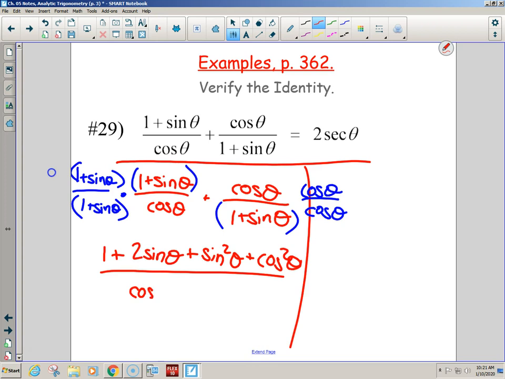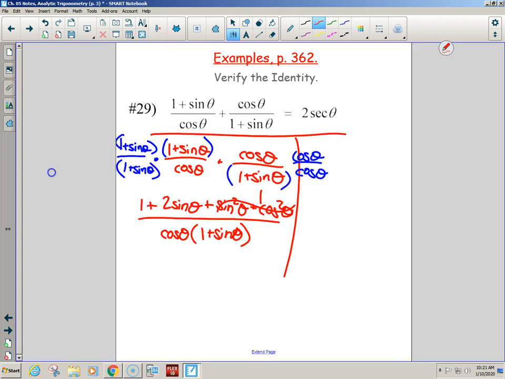Oh wait, no. Does this look familiar at all to something from section 5.1? Yes, it should. Study. Yep. Sine squared theta plus cosine squared theta, Pythagorean identity, that's a 1. And what's 1 plus 1?